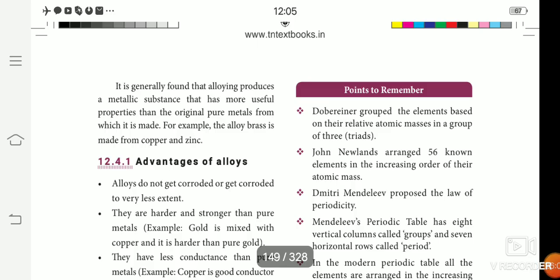The next example of an alloy is brass alloy. Brass is made of copper and zinc. It is used in imitation of gold metal, gold being Au.